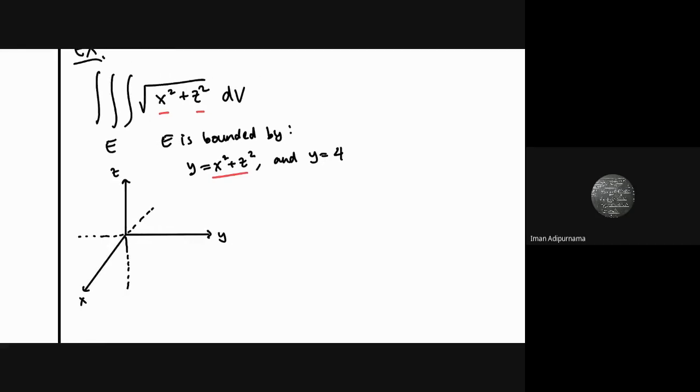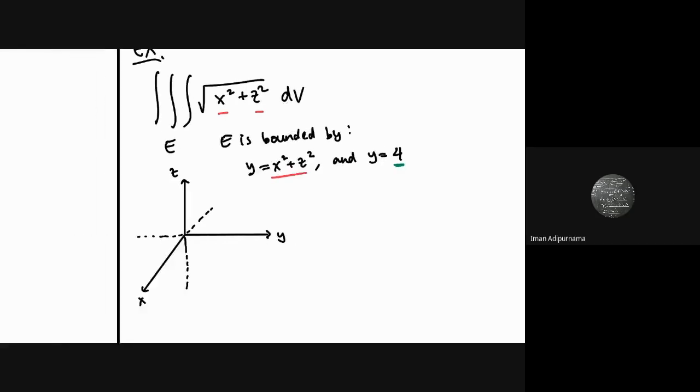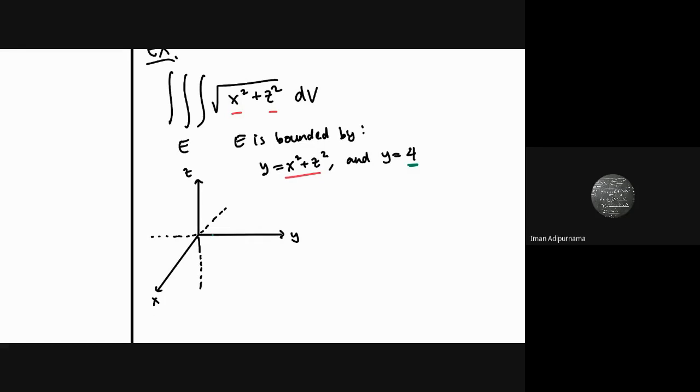And then y equal 4 probably will be here. So y equal 4 is there.